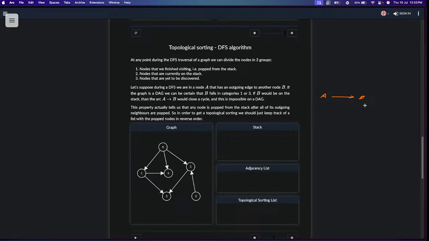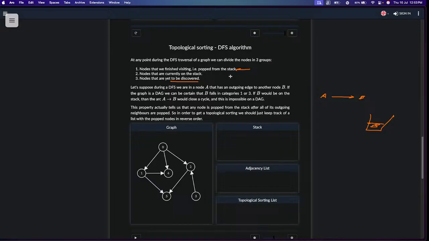Now if B was in stack, then the arc A to B would close the cycle, and this is impossible on a DAG, right? So here's the thing, either the nodes are yet to be discovered, or you have finished visiting them, right?